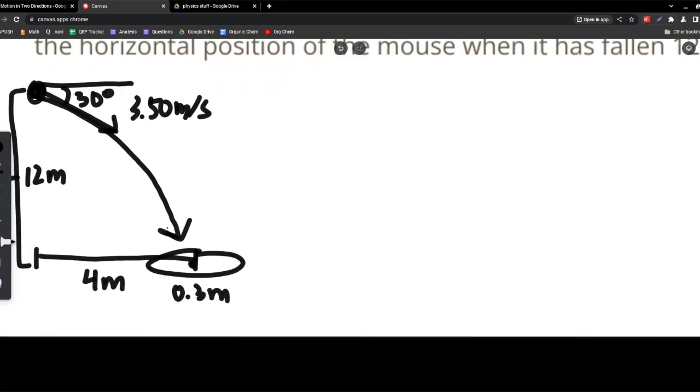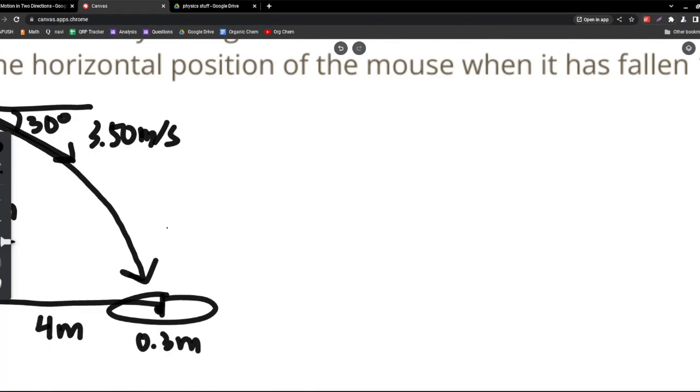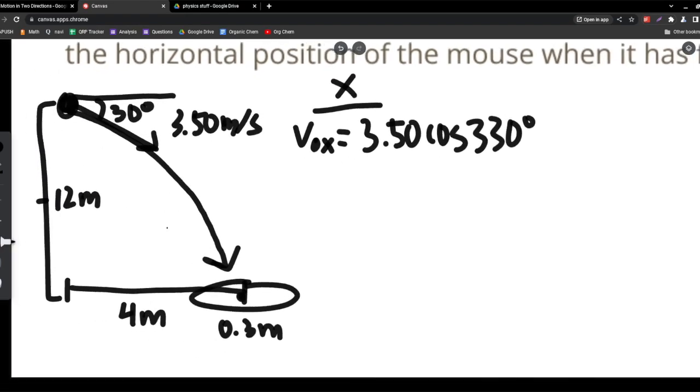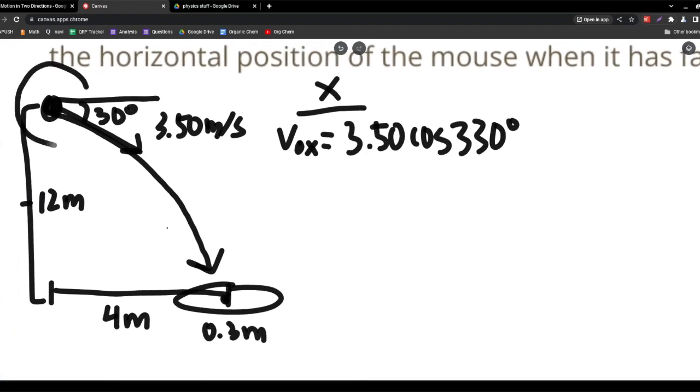So the first thing that you want to do with these kinds of questions is to write out everything that they give you. So regarding x, we have that the initial velocity of x is equal to 3.50 times cosine of 330 degrees. And I got 330 degrees from the fact that if it spins that way, you're going to get that.